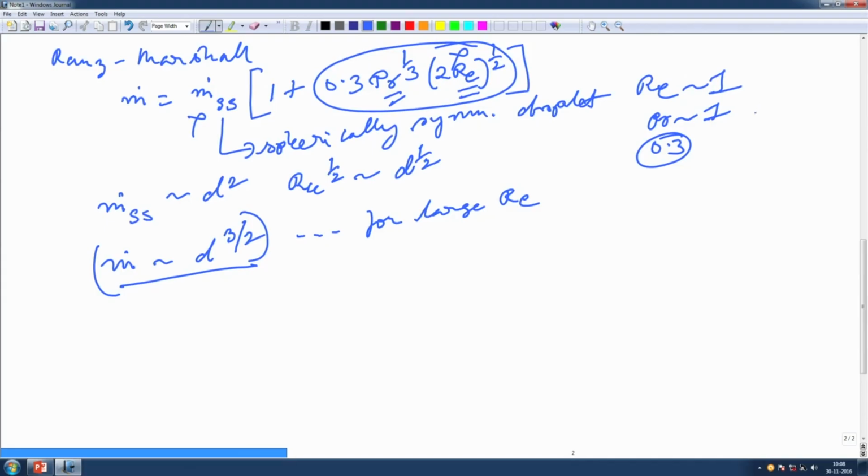If the Reynolds number value is say 0.1, this factor now will become 0.03, so it is only 3% compared to this. There is only a 3% increment. Similarly, if the Reynolds number decreases further, this m dot actually approaches m dot SS. So, in other words, if we plot the evaporation flux, it goes from d to the power of 3 by 2 to something like d to the power of 2.